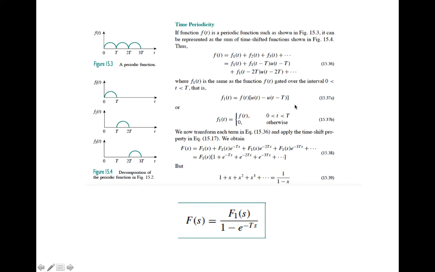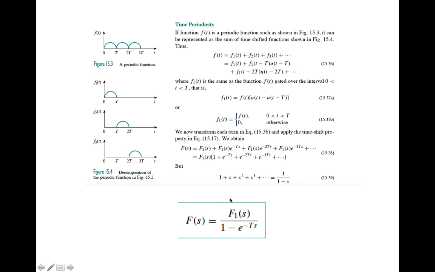Because of these repeated time shifts, I generate these exponential functions, and then I employ the fact that there's a series relationship when you have 1 plus x plus x squared plus x cubed. Now our x is e to the minus sT, so this would be x, this would be x squared, this would be x cubed in this formula.